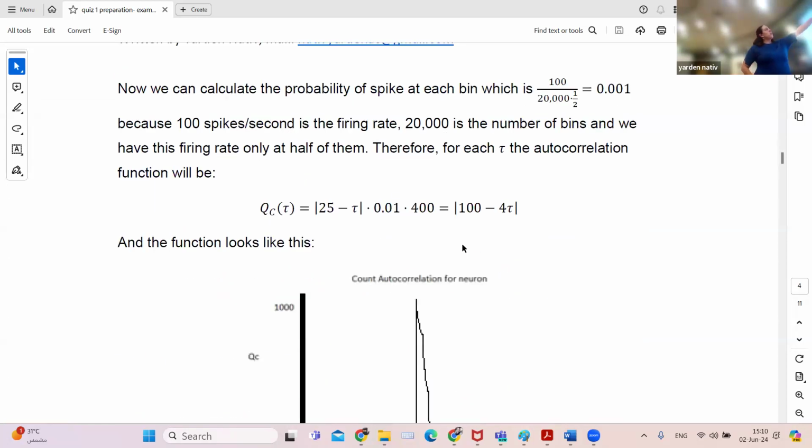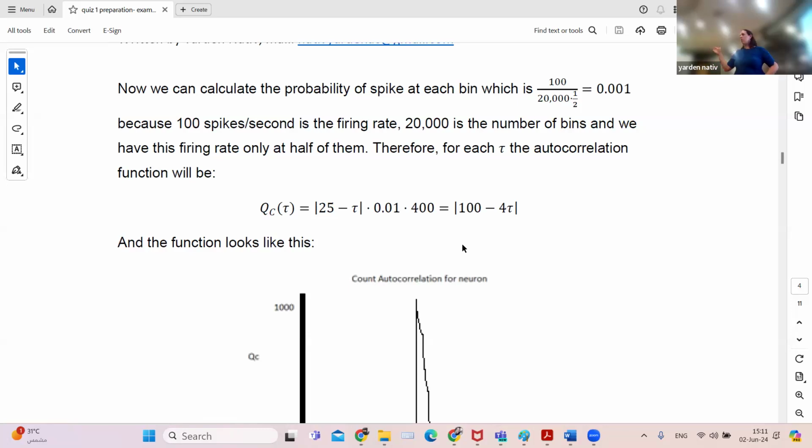Now we can calculate the probability of a spike at each bin, which is 100 over the full duration, which is 20,000. I tried to remember why 20,000. It is the number of milliseconds in the full sampling, so I took it across all the samples, but you can still leave it as we did.